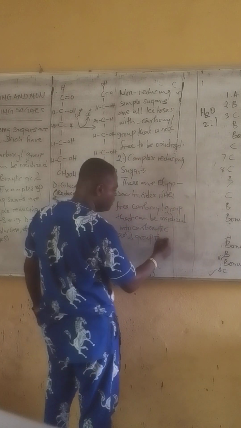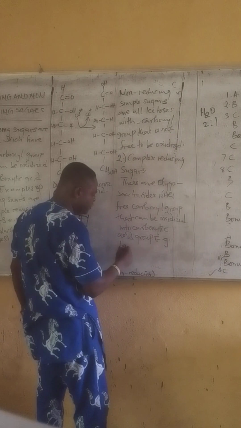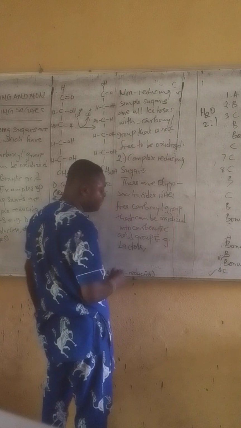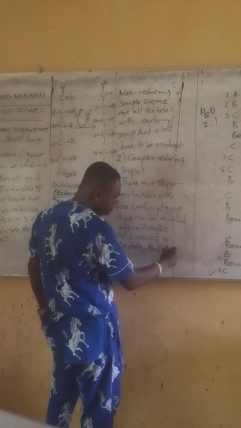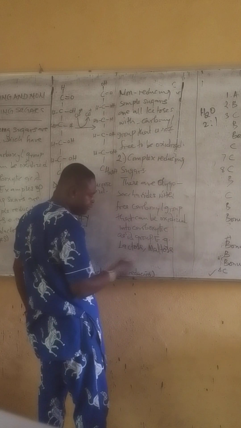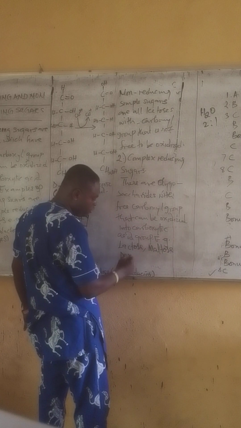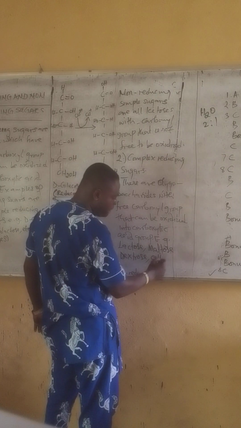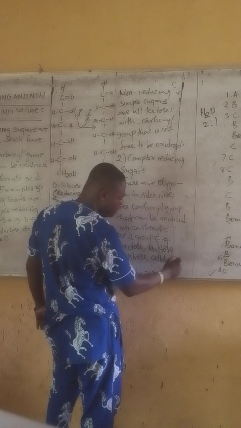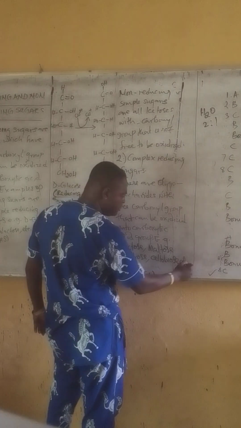Examples among the disaccharides are lactose, maltose, dextrose, cellobiose, and so on and so forth.